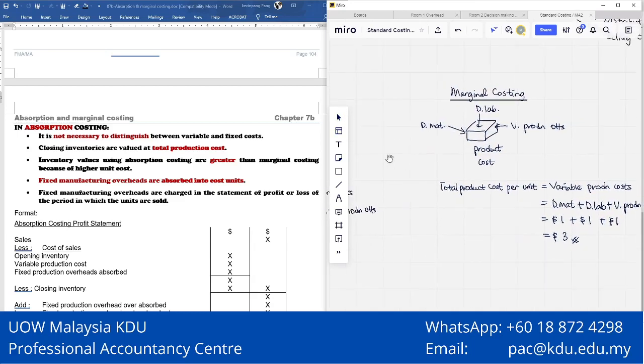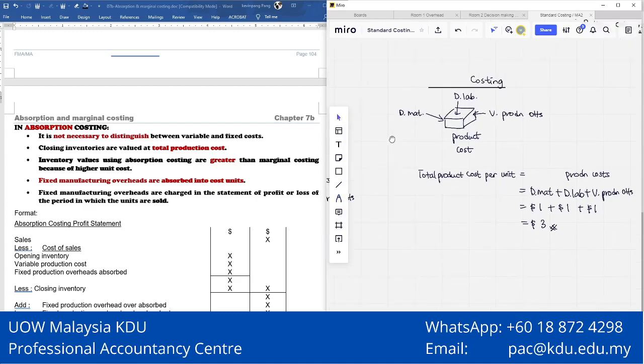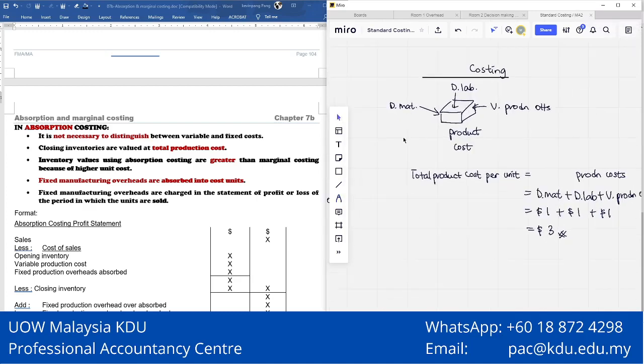Okay, so now I change it to absorption costing. Here we will say the full, so make it slightly bigger. I am doing the absorption costing.